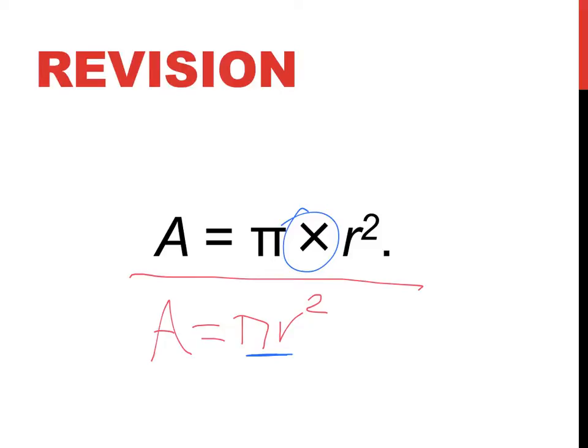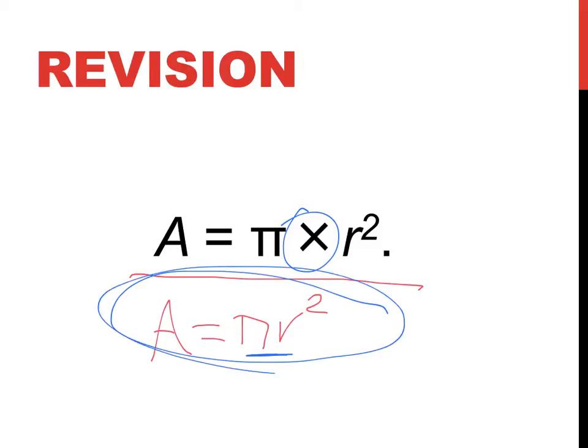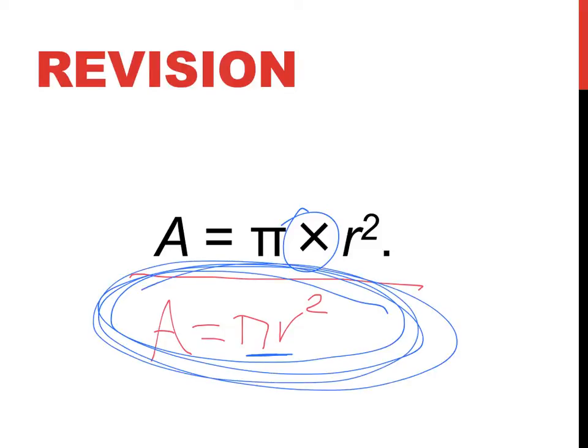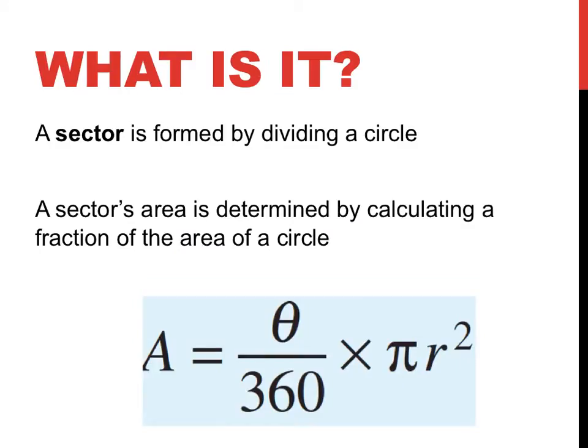Okay, so today we are going to be manipulating this formula that we already know to work out the area of sectors. A sector is formed by dividing a circle. It is not a whole circle. A sector's area is determined by calculating what fraction of the area of a circle we have. You might notice our friend pi times the radius squared over here.